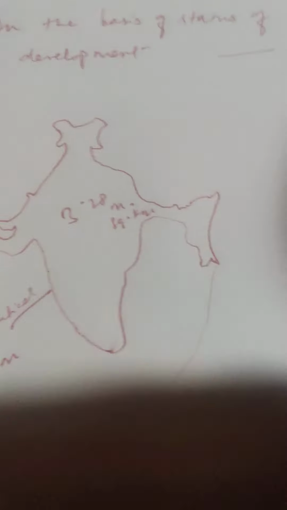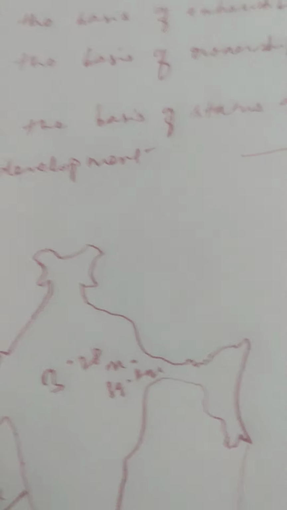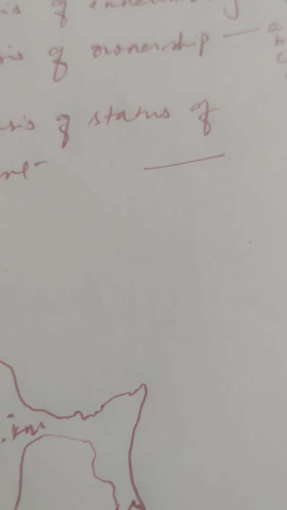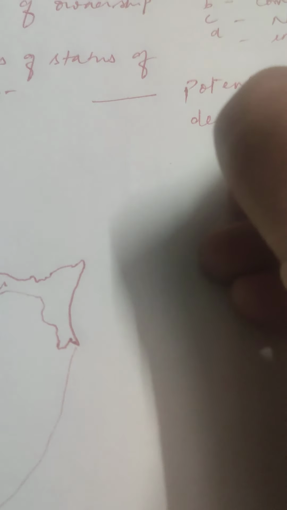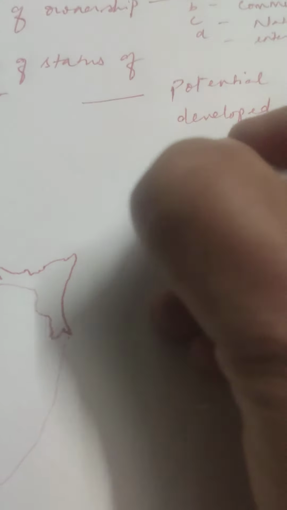On the basis of level of development or status of development, there are potential resource, developed resource, stock, and reserve.